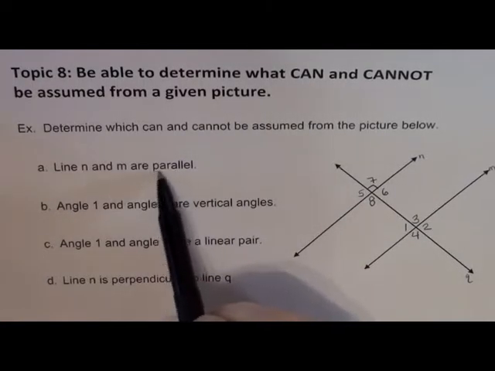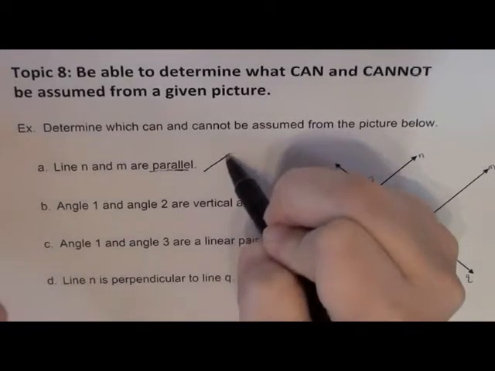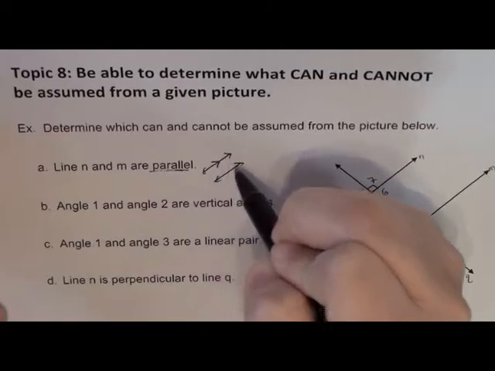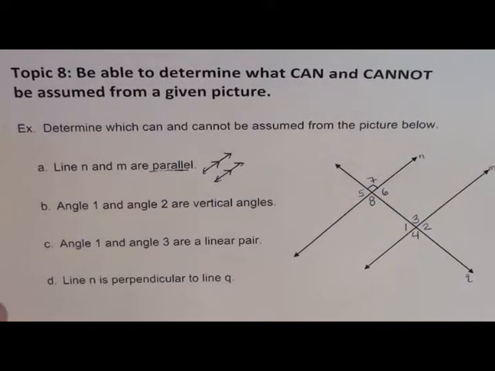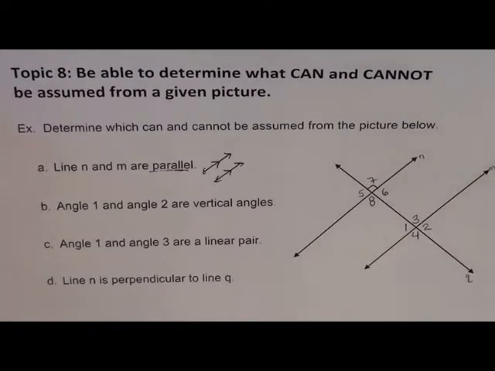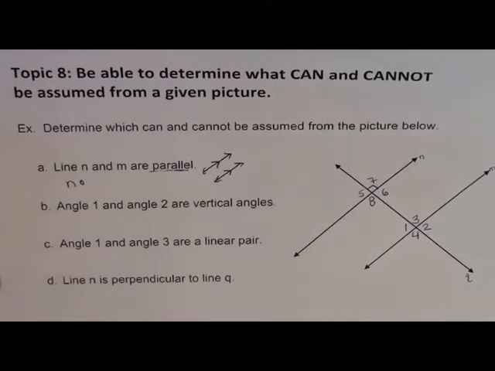So what symbols would you need to see on the paper for them to be parallel? Well, the symbol for parallel are little arrows on the lines. Are there arrows on line N and M? And the answer is no. So can we assume it? No. The reason?